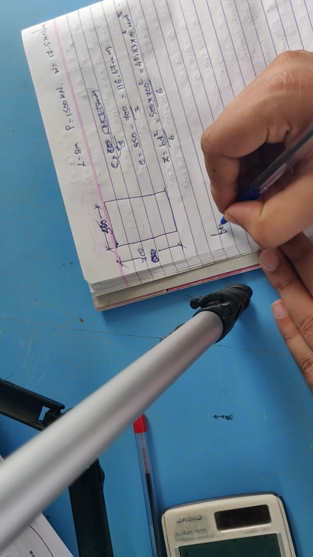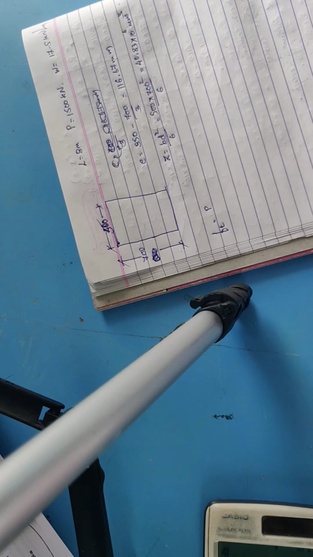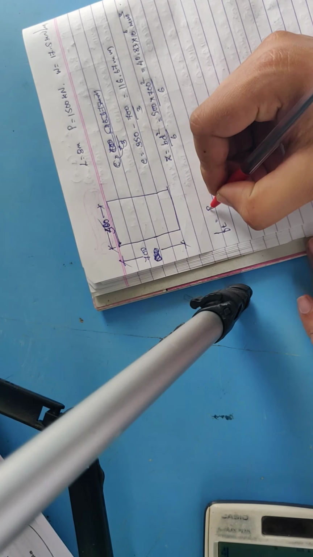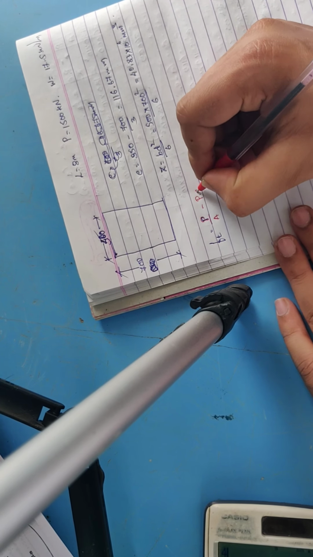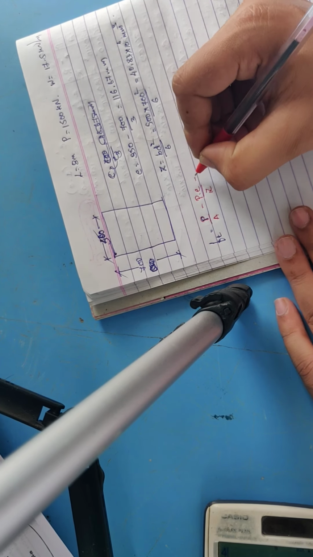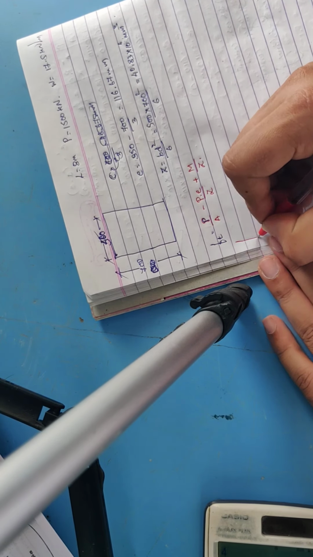We will go for top and bottom. Ft equals P upon A minus P into e upon Z plus M upon Z. Substitute the value.